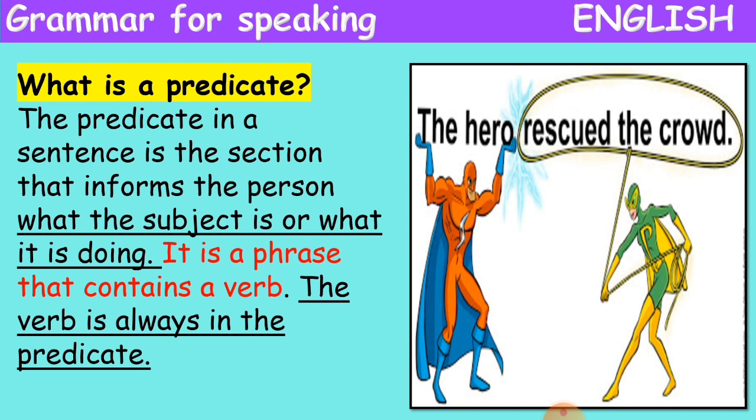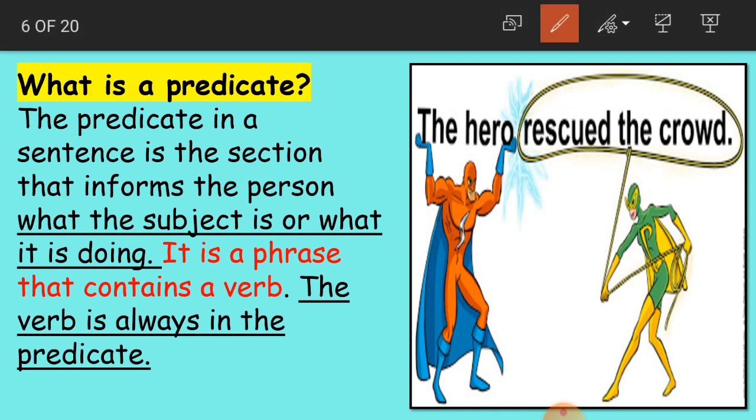The second thing, the second word which is very important in a sentence is the predicate. Okay, and what is a predicate? The predicate in a sentence is the section that informs the person what the subject is or what it is doing.